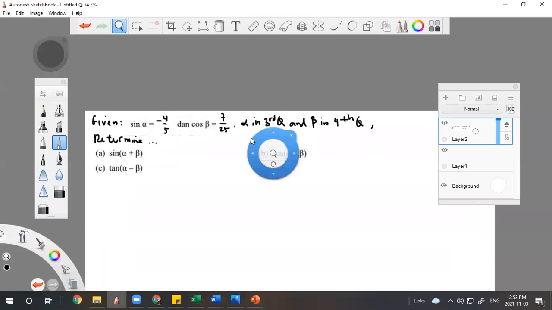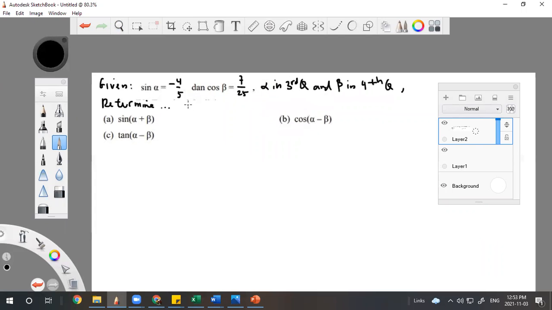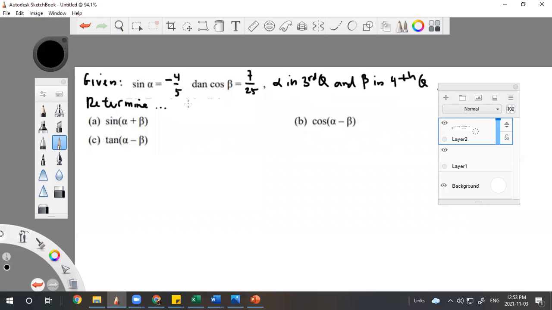Okay, so for the last number, given sine A equals -4/5 and cos B equals 7/25, and A in the third quadrant, alpha, it's actually alpha on the third quadrant and B in the fourth quadrant. So what we have to do now is try to make a simple triangle. Because we know this, we have this, so you have to create a simple triangle.